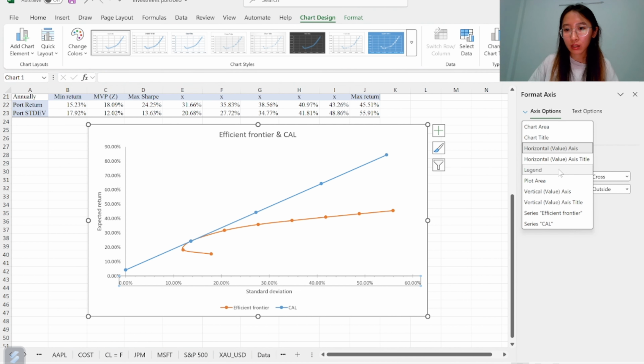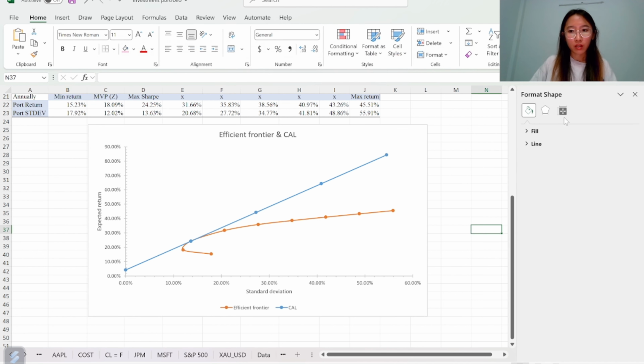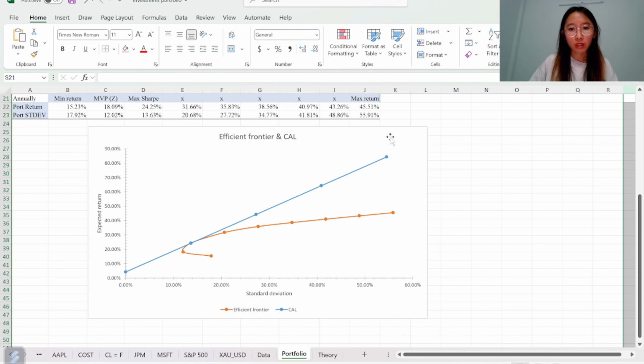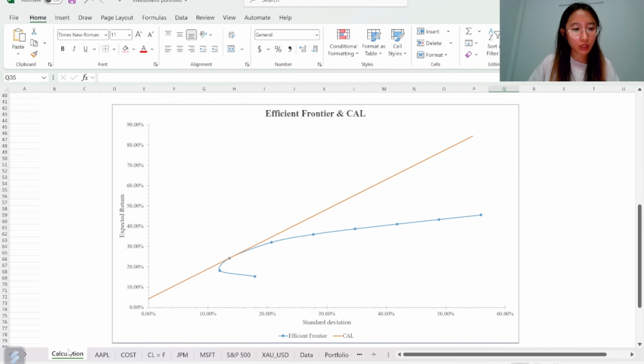Do it similarly to the vertical. So it will be something like this, and with a little bit more adjustment in the font type, etc., you will end up with something like this, a more refined, yet simple to look at.